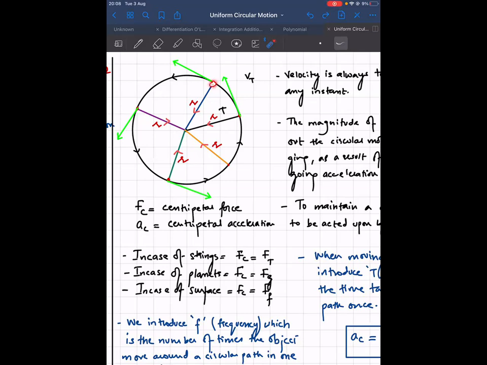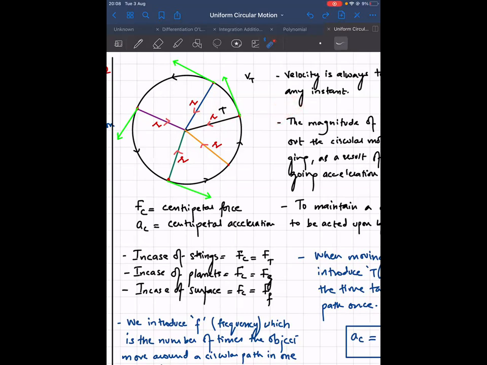So if the object is over here, it's going to act towards the center like that. That's going to be the direction of the centripetal force, Fc. If it is over here, the direction of the centripetal force is going to be like that. It's Fc. Now, of course, in different situations we're going to have the resultant force in different forms.